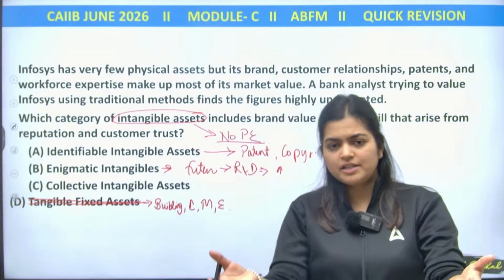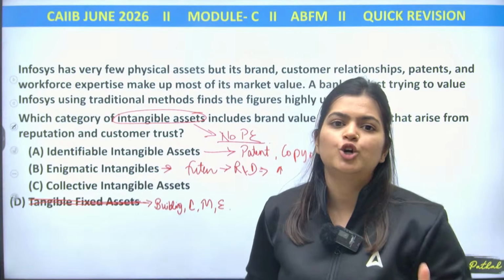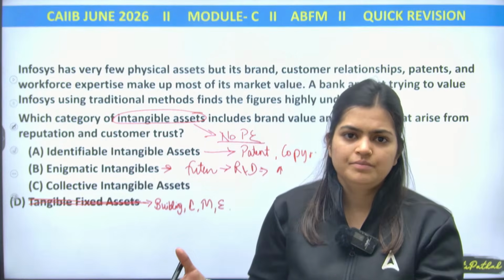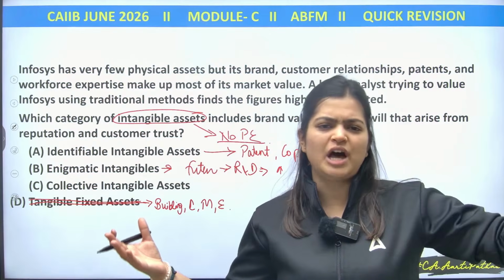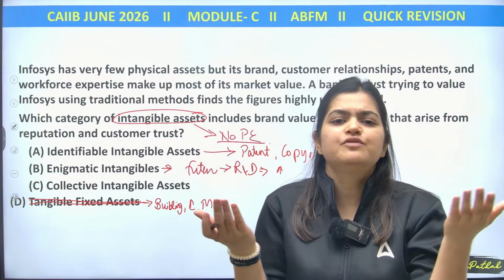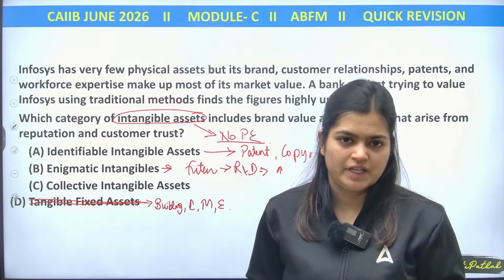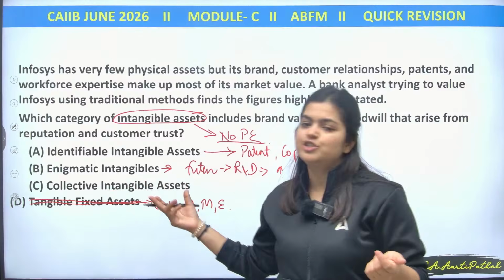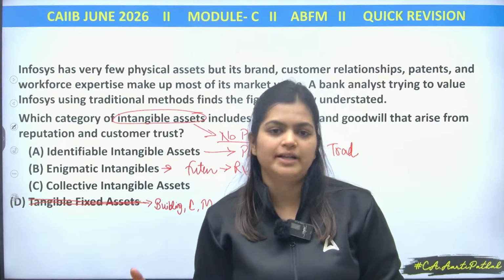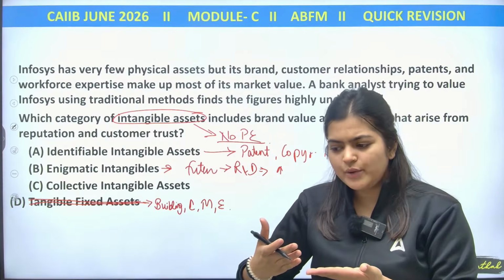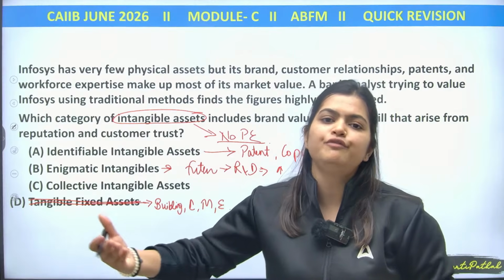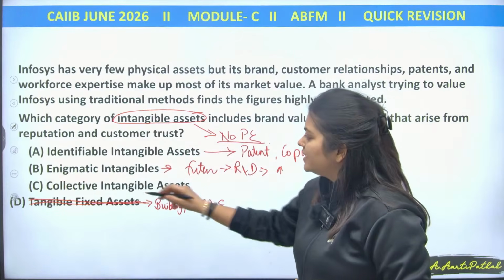See, if I say your nature is very good, how good is it? Up to 10, up to 20, up to 1,000, up to infinite? What is the exact valuation? Can you value it? No, because that is a qualitative thing. Similarly, here collective intangible means you cannot value it separately. It is generated over a period of time. So that is collective intangibles.